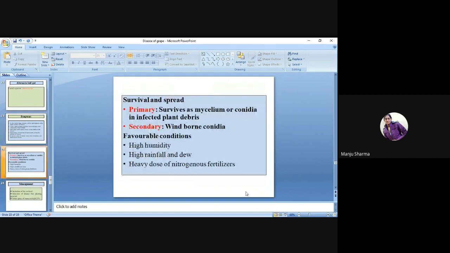Survival and spread of the pathogen: the primary inoculum survives as mycelium or conidia in infected plant debris. Secondary spread is by wind-borne conidia.